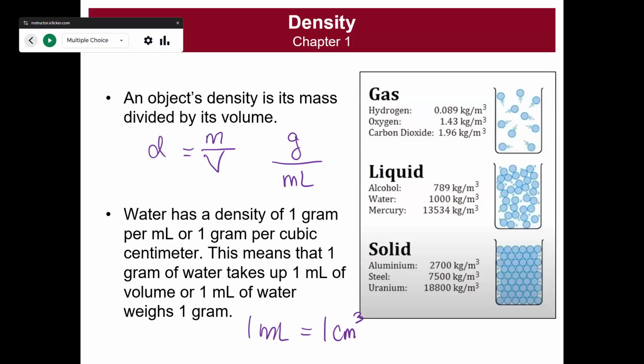And over on the right, we see that densities of gases are really low, around 1 kilogram per meter cubed, versus some solids at the bottom, those are in the thousands, like 10,000 kilograms per meter cubed. So gases, really low density, liquids in the middle, solids, the most dense.